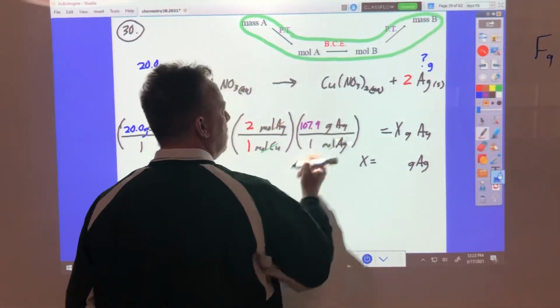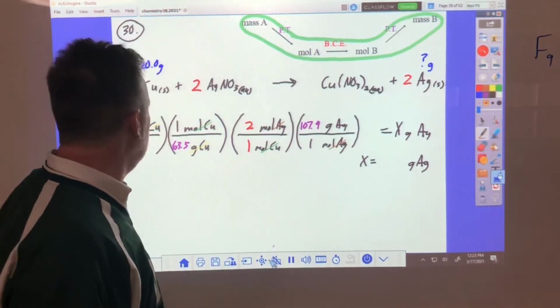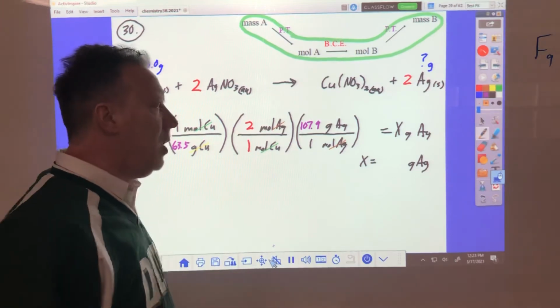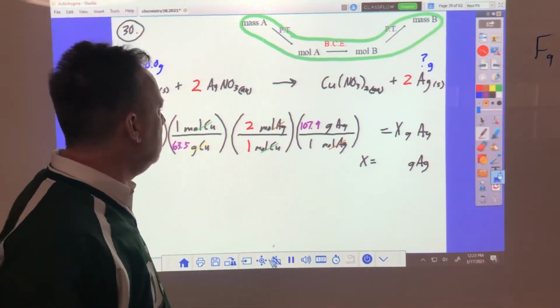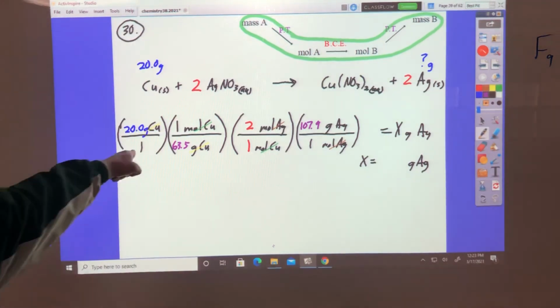107.9. Multiply the tops, you're going to get 40 times 108, so it's going to be something like 4,048, divided by 63.5.